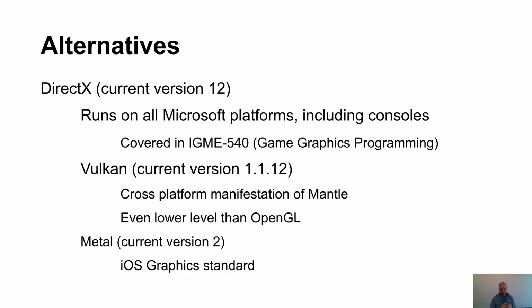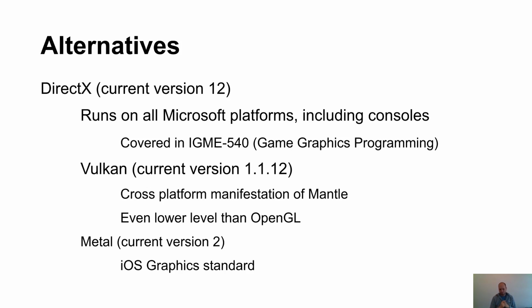Let me talk a little bit about alternatives. We're not going to be really working with any of these, but I'll talk about that a little at the end. DirectX, currently on version 12, runs on all of the Microsoft platforms, so think of it as a proprietary OpenGL. It doesn't run on Linux or Mac, it does run on the Xbox, and DirectX and OpenGL tend to stay neck and neck in terms of functionality and capabilities.